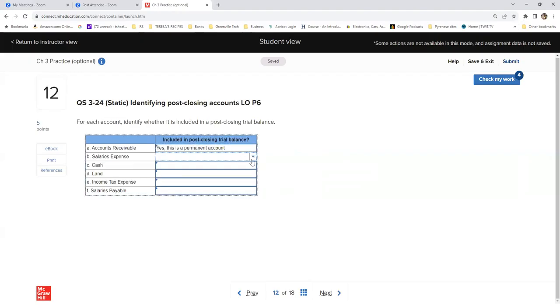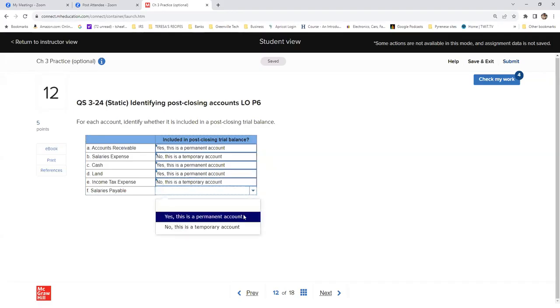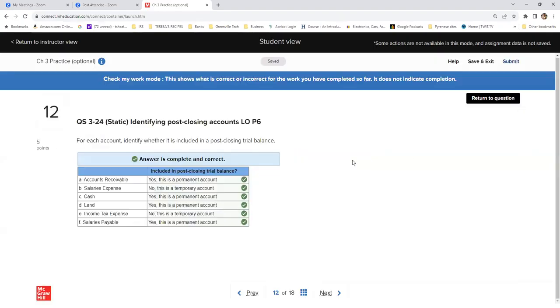Salary expense goes on the income statement, so that doesn't go on the post-closing trial balance. Cash, yes, it does. Land, yes, it does. Income tax expense, nope. And salaries payable, yes. And we'll check our work. And we're good.